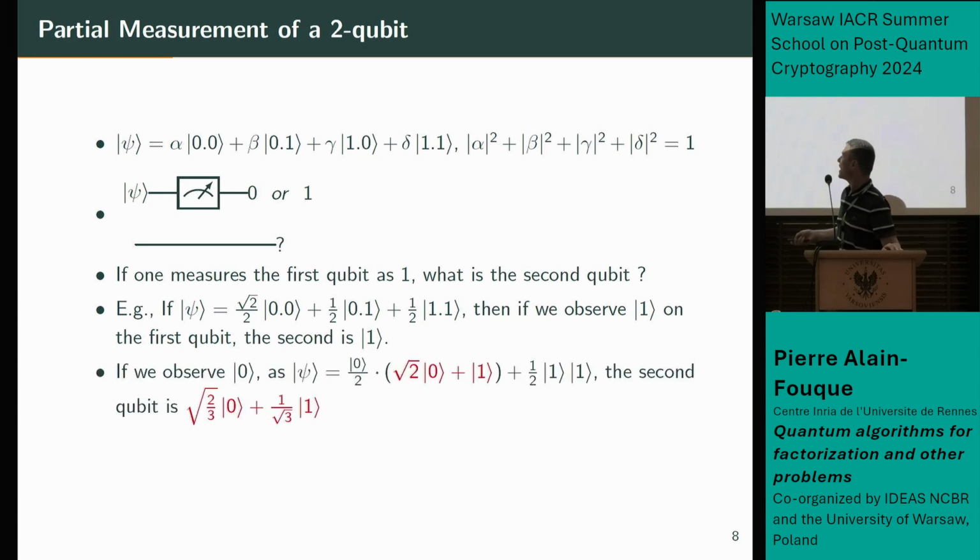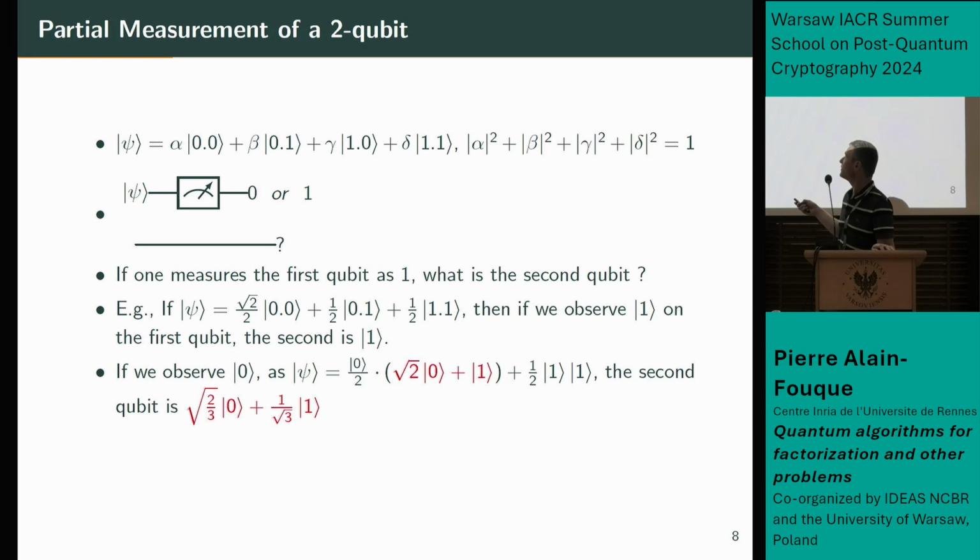Okay? And now, if I observe 0 for the first qubit, it can be in this state or this one. And one of the easiest ways to compute with this is to factorize with the first qubit.